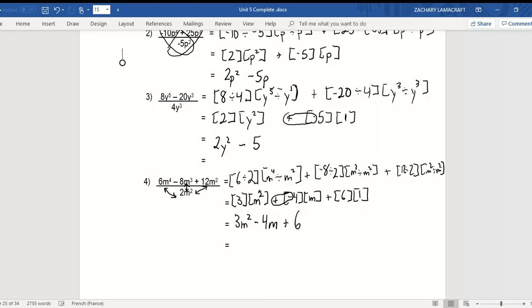So that would be our division of polynomials by a monomial. So we've taken all the terms up top, we've separated them, and made sure that we've divided each one by the term on the bottom. Okay, so without further ado, you guys can start working away.